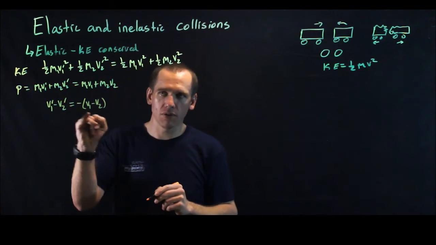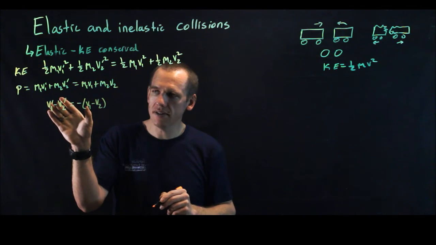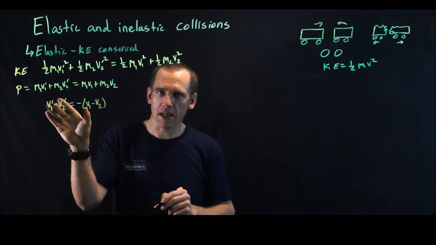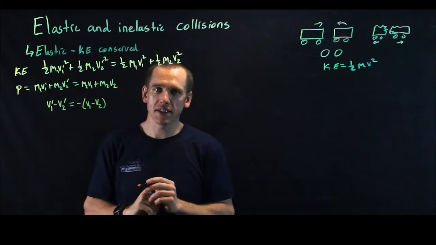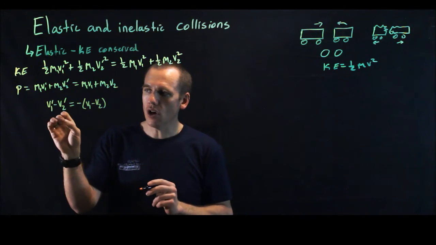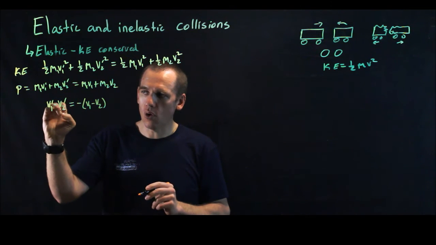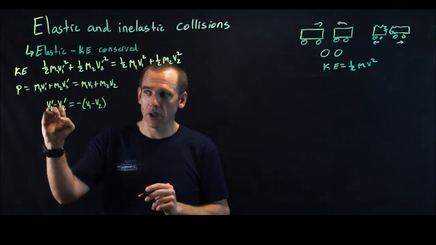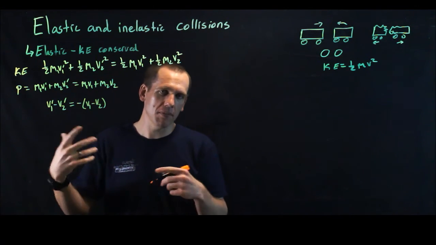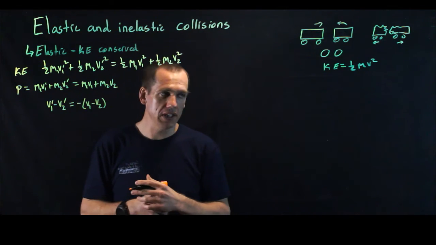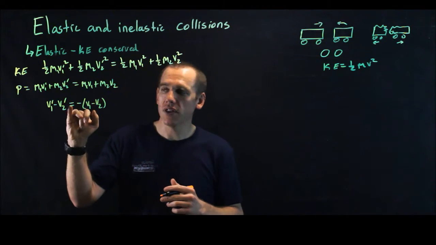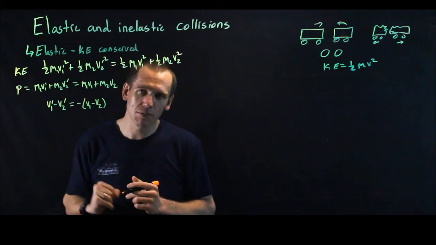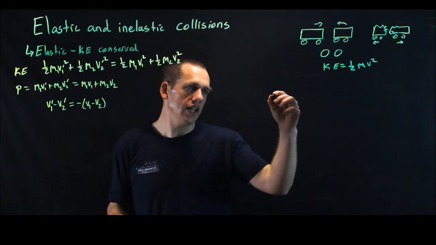This equation is really, really handy because it doesn't involve the masses and it doesn't involve any of the squares like was going on in this kinetic energy equation. So this works only in elastic collisions and only when they're in one dimension or they're head on. But that's all we're going to deal with. We're not going to have things move off at angles. So with this equation and the momentum equation, we can solve a question like this.